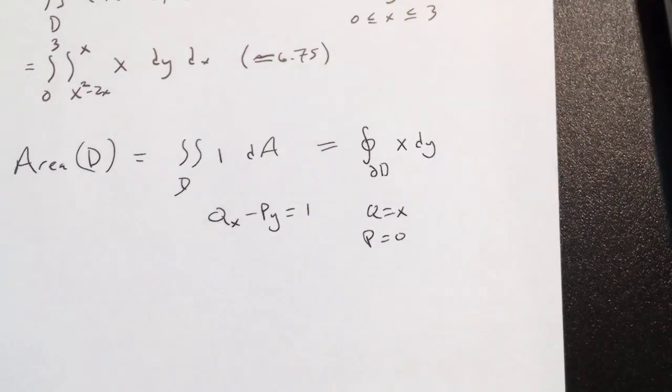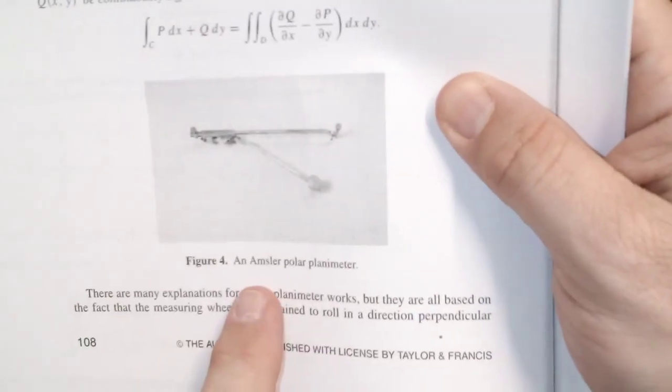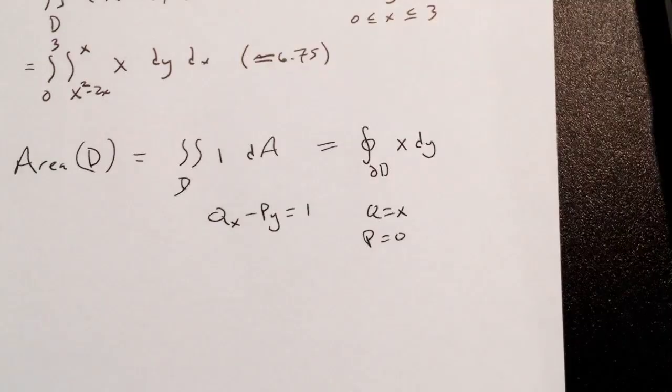This particular article was written in March 2020. It's a history of the polar planimeter, and there are dozens of different kinds that all basically work the same way. It's just how the linkage actually does the integral itself.